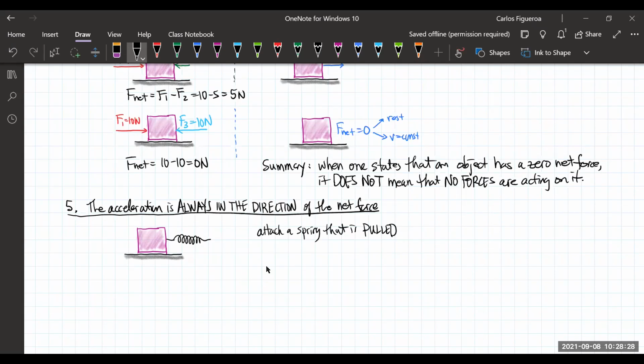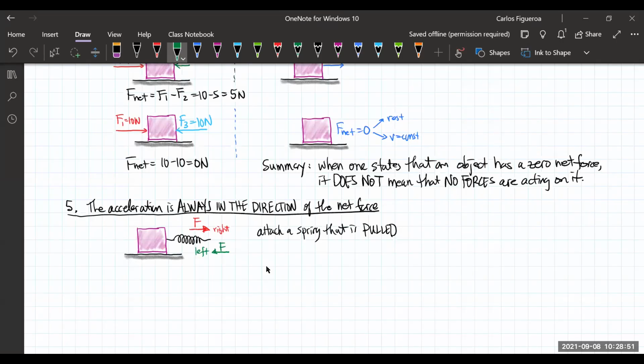But you can see here that now I'm going to apply forces. If I pull to the right, then I'm going to have a force in that direction. This is to the right. If I pull to the left, then I'm going to pull with the force in that direction.